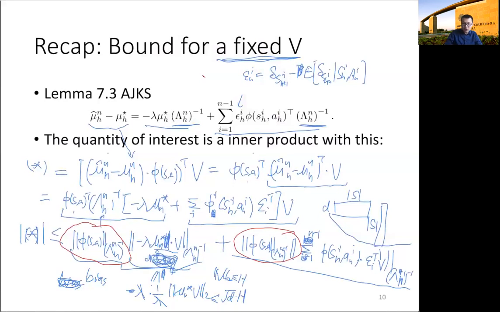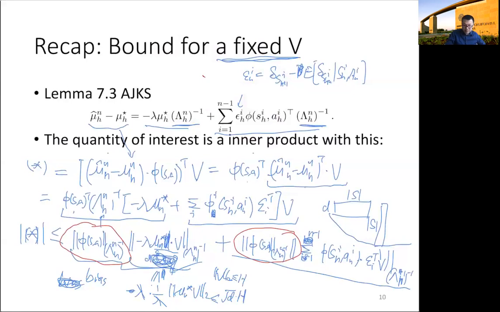This is a martingale because it is a summation of martingale differences that are conditional on everything in the past. It has zero mean. And the fact that it is a martingale allows us to deal with the filtration and the fact that these random variables are not IID, right?